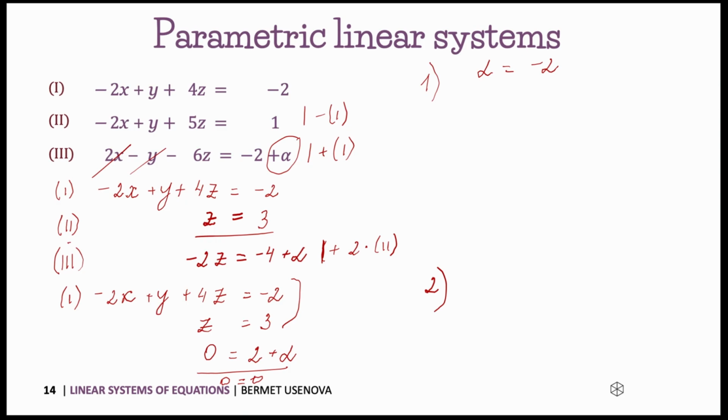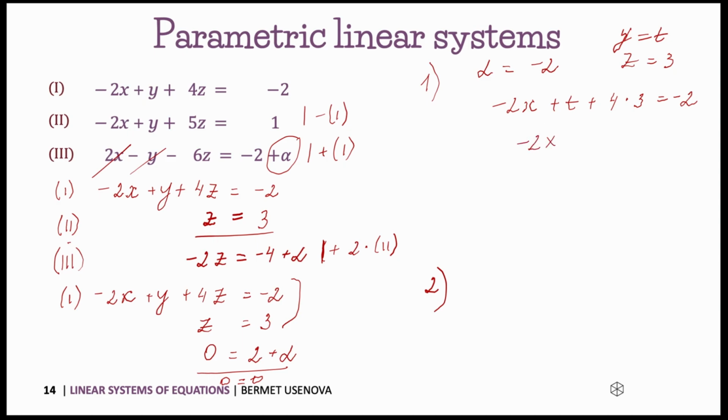Then, like in the previous example, we will have to introduce a new parameter. For example, we will introduce, instead of y, new parameter t, and then z is equal to 3. And then in the first equation, we will substitute: minus 2x plus y, which is t, plus 4z, which is 4 multiplied by 3, equals to minus 2. So here we will solve for x.